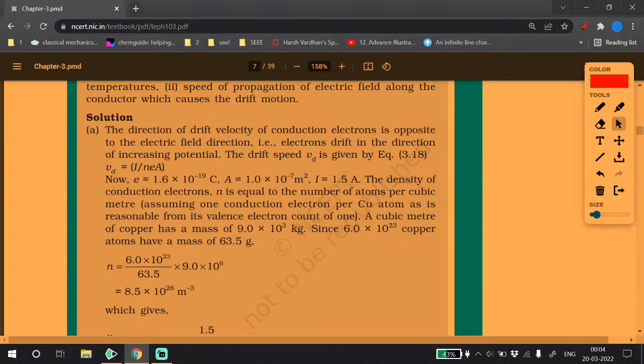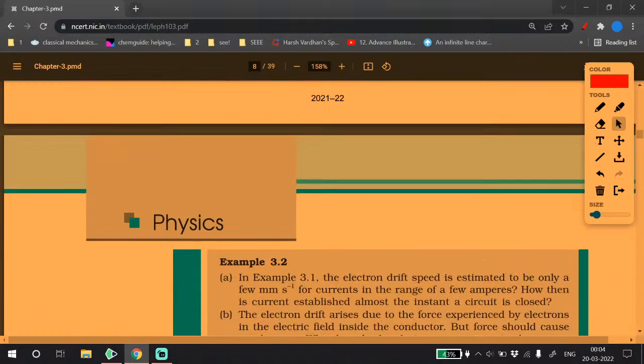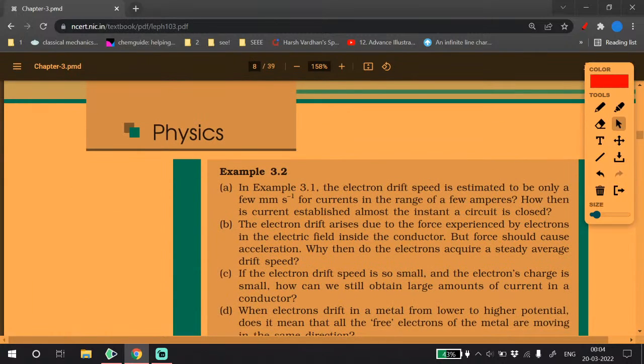We have to note that in the copper example the current was 1.5 amperes, so obviously the speed would be small. With large currents the speed will be much larger. You can see that in this example.